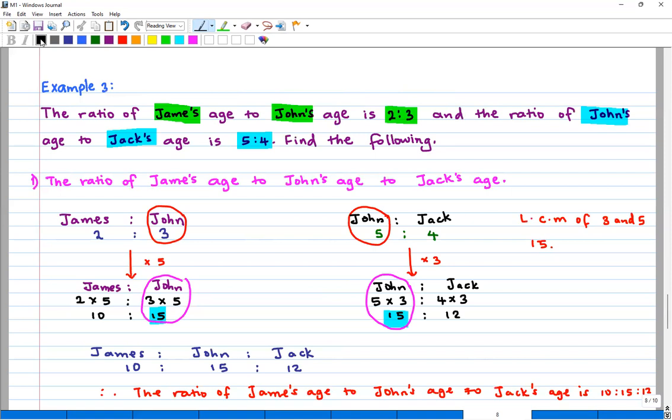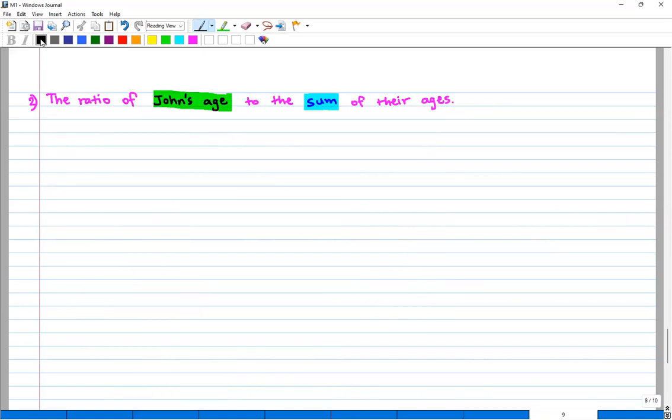James is 10, John is 15, Jack is 12. So we are getting 10 plus 15 plus 12. And this will give us 37.